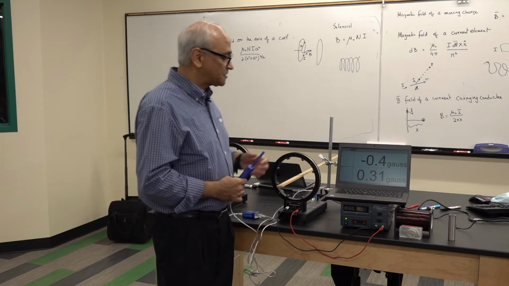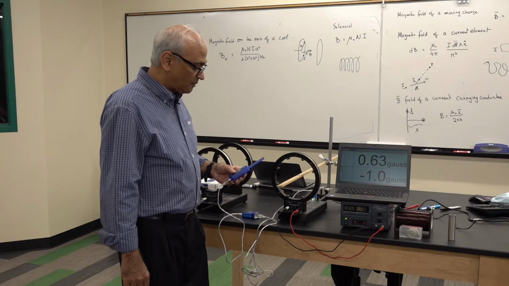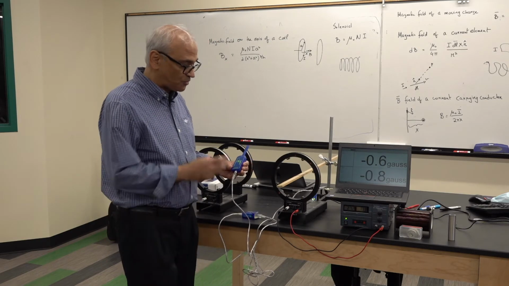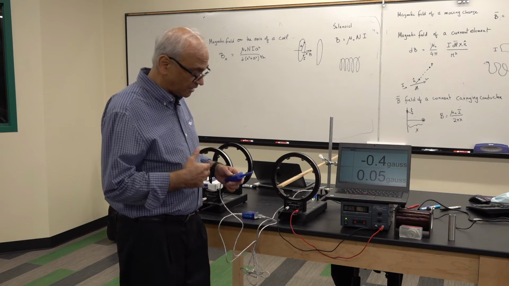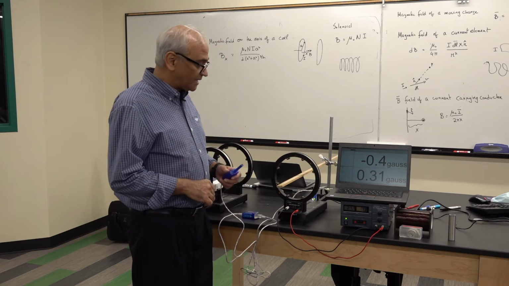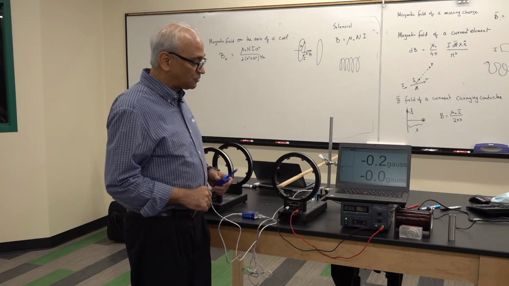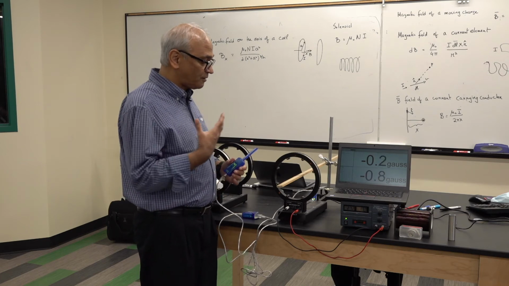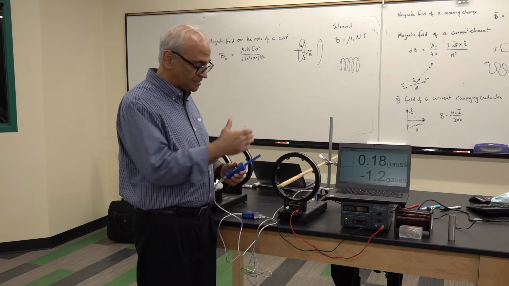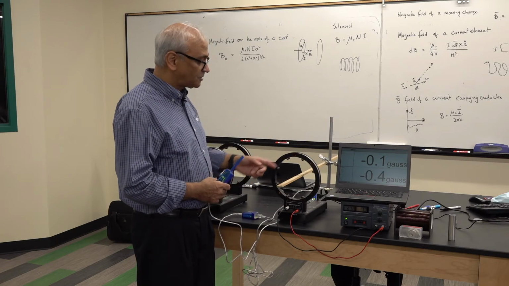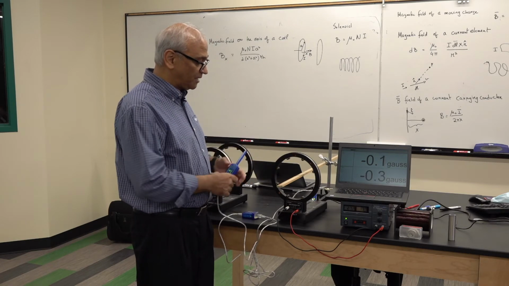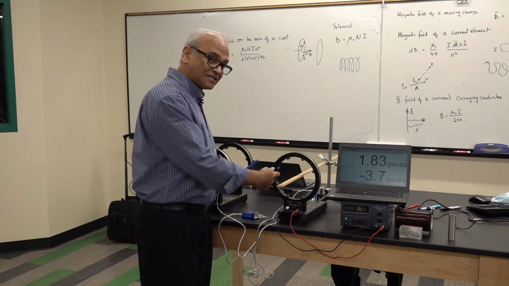So we are using Data Studio, and a Pasco magnetic field probe is a two-axis field probe. It's also called a Hall probe, and I get two numbers over here. But what we're actually interested in is called the axial magnetic field. So when I pass current through it, the magnetic field would be literally on the axis of it.